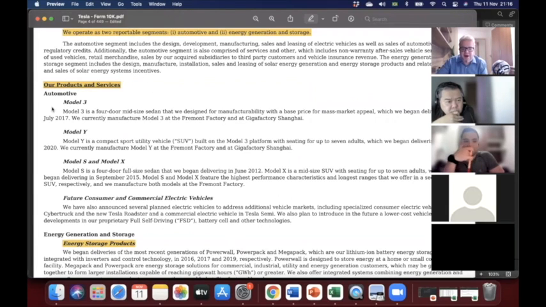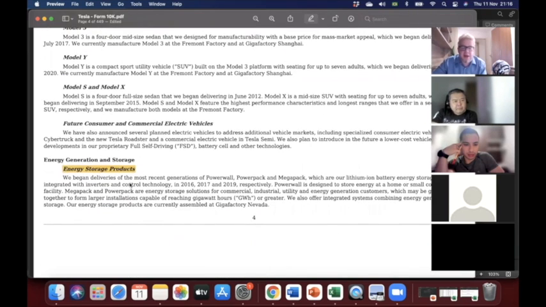So if you like cars, probably you know that Tesla has the Model 3, that is the cheapest one, Model Y, Model S, and Model X. And they are starting to develop other models as well. And they have the energy storage products. So you have what is called Powerwall.